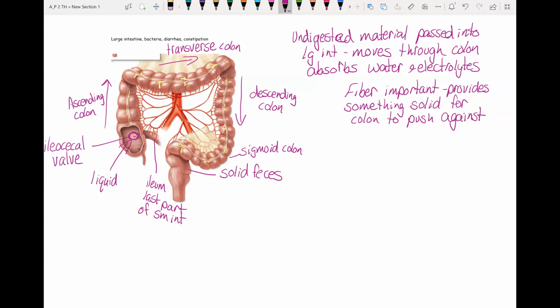If you don't have fiber, the material tends to get stuck. There's nothing for the colon to push, and it tends to just sit there.